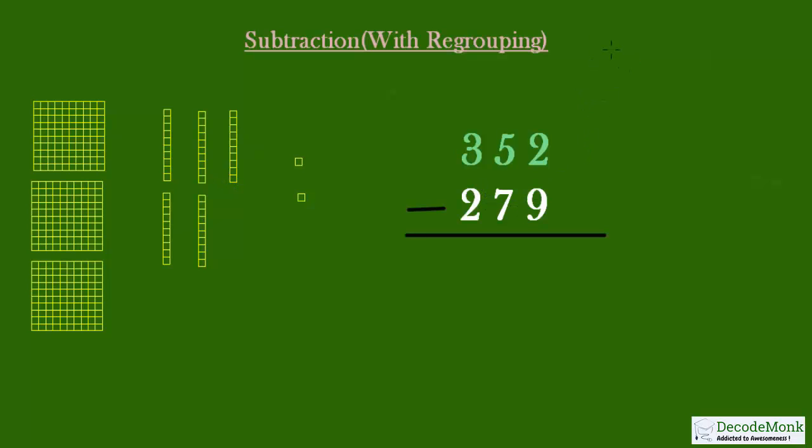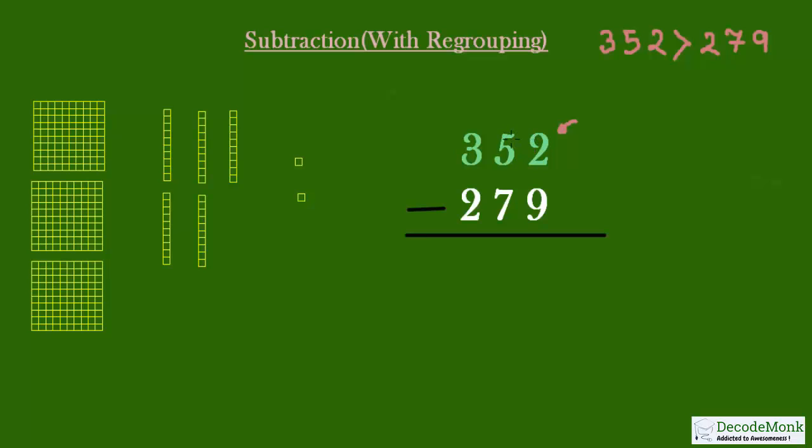As a whole, first of all, we can see that 352 is greater than 279. So as per our tradition, we start the subtraction from the ones place on the very right hand side, 2 minus 9. But 2 is less than 9.